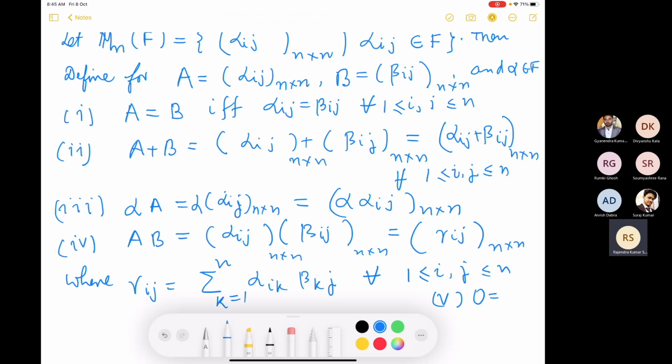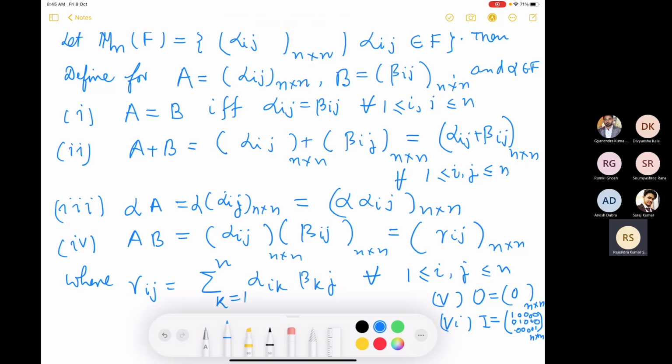And the sixth thing that you want to define is this identity matrix I, whose entries are 1, 0, 0, 0, 1, 0, 0, 0, 1, so the entries on the diagonal are 1, 1.